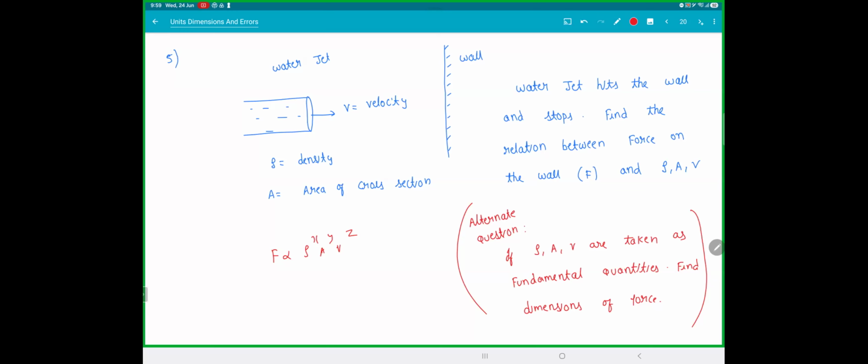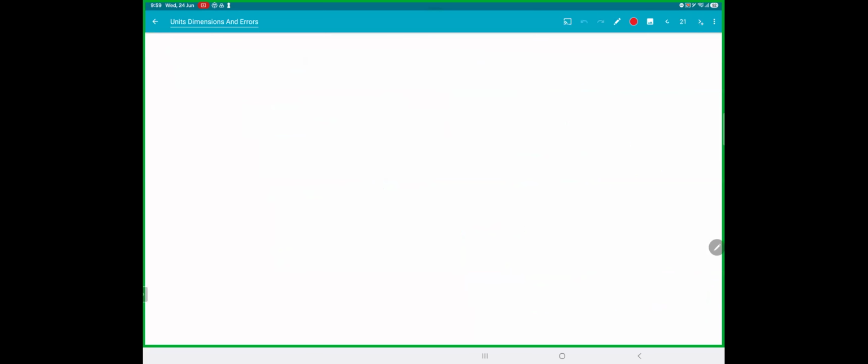Okay, let's see. 1, 1, 2. Yeah, right, Yukti. Right, Karthik. So F is proportional to rho power x, A power y, and V power z. So force is MLT minus 2, mass into acceleration.